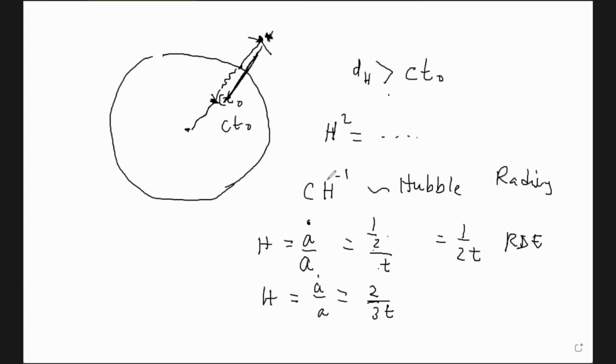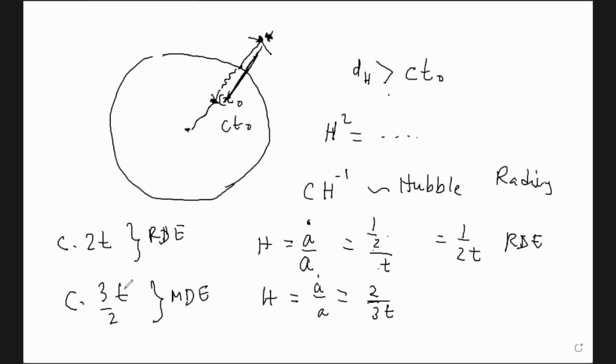So you can see actually it's a time, but CH inverse is the Hubble radius. So CH inverse is c times 2t in a radiation dominated universe, and for a matter dominated universe, it will be c times 3t by 2.